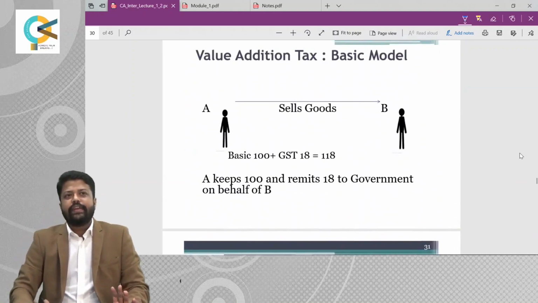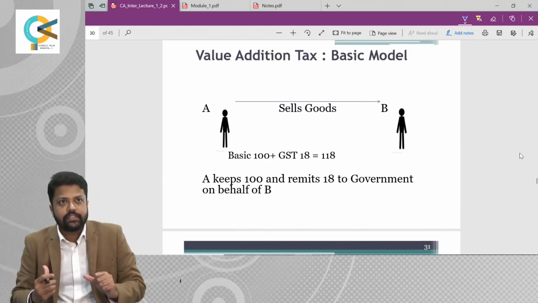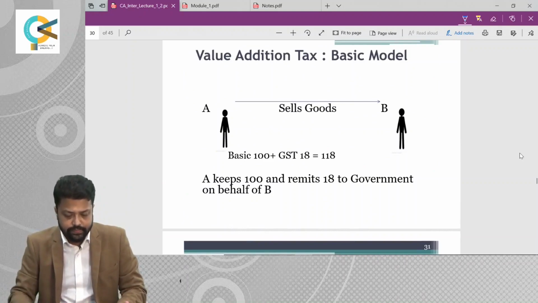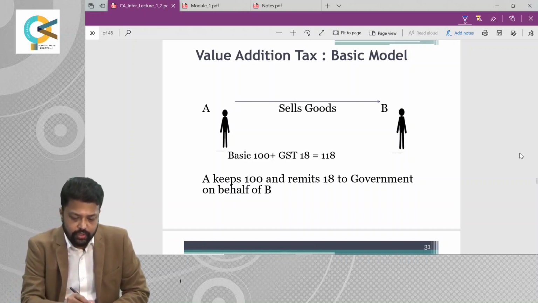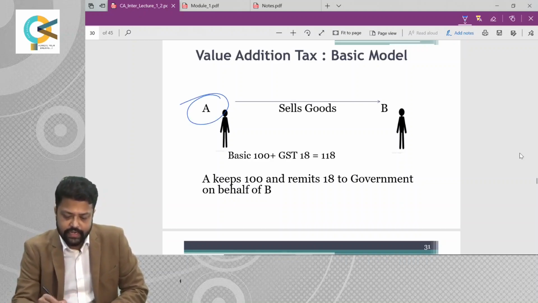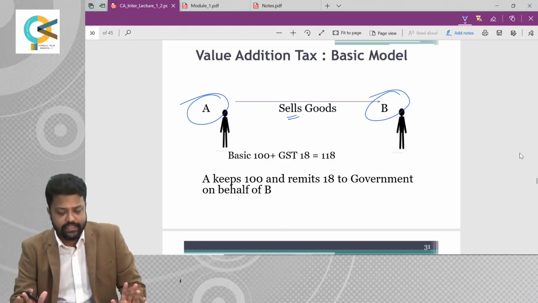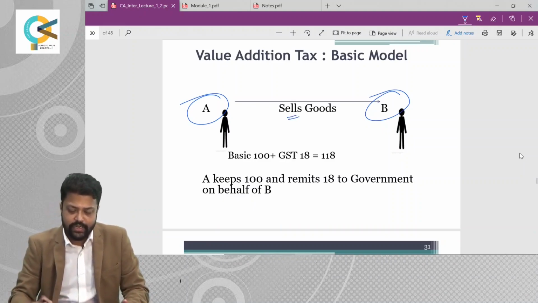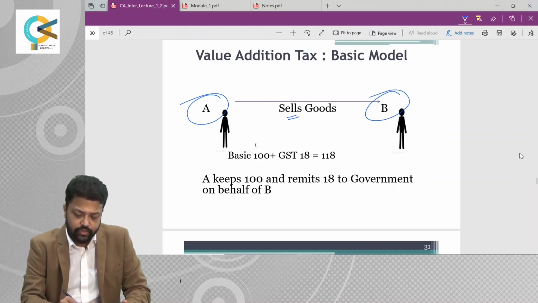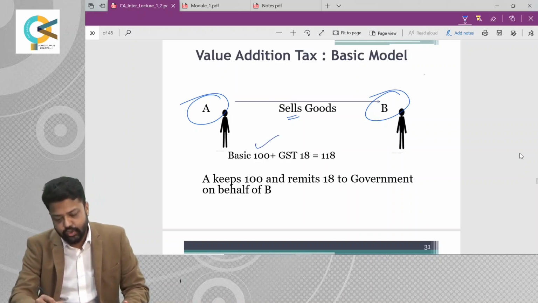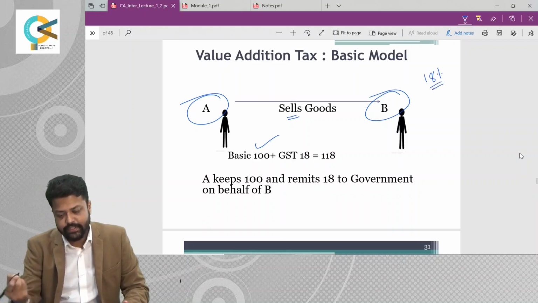So let's take a very simple example to digest the concept of value addition taxation first. Mr. A is selling goods to Mr. B. It is a very basic level transaction, so it is easy to understand. The price of these goods is rupees 100, and I am assuming the tax rate is 18%.